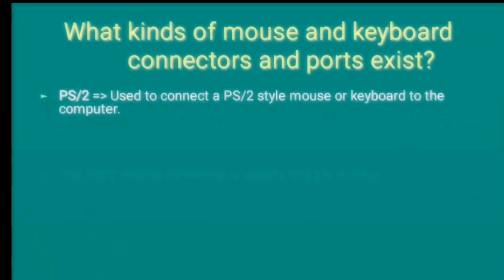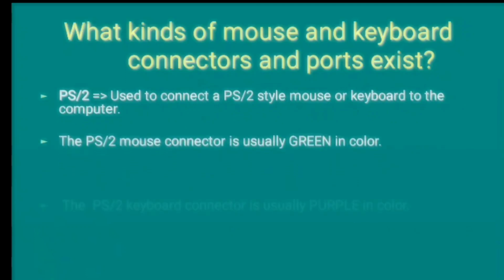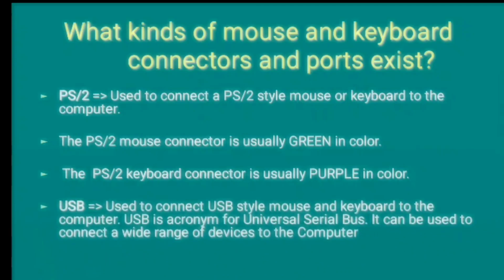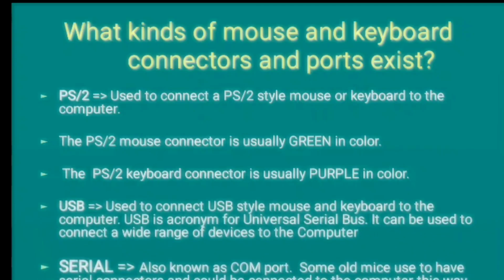What kind of mouse and keyboard connectors and ports exist? PS2 is used to connect a PS2 mouse or keyboard to the computer. The PS2 mouse connector is usually green in color. The PS2 keyboard connector is usually purple in color.